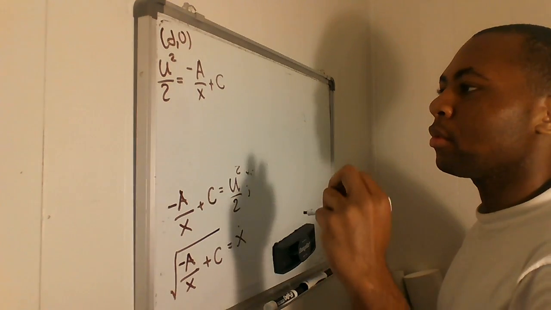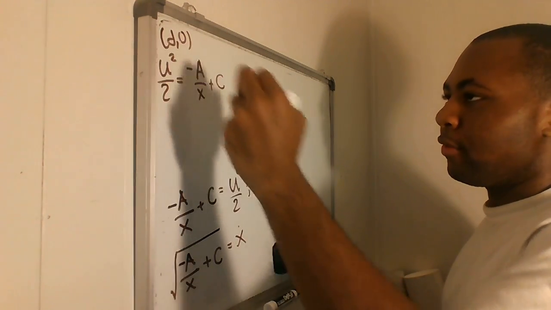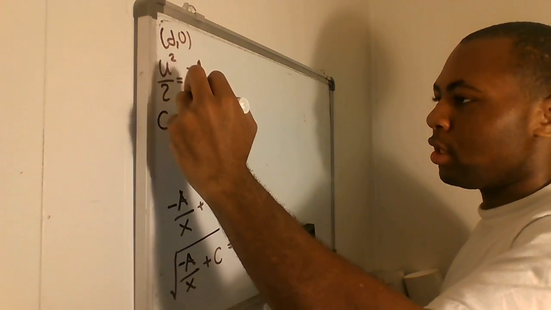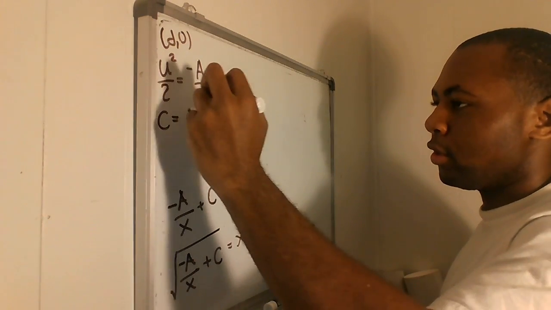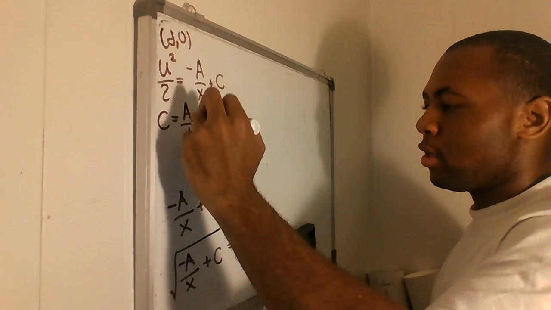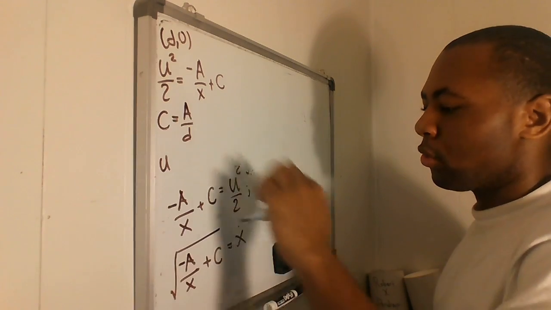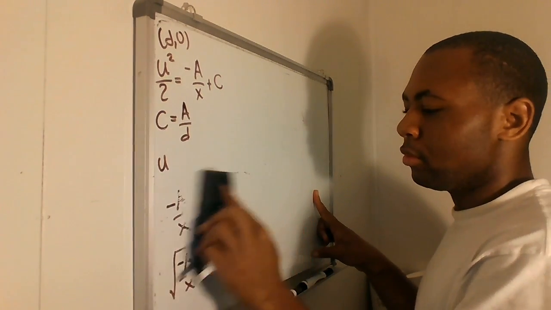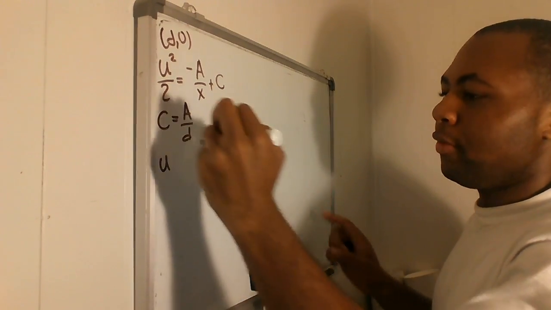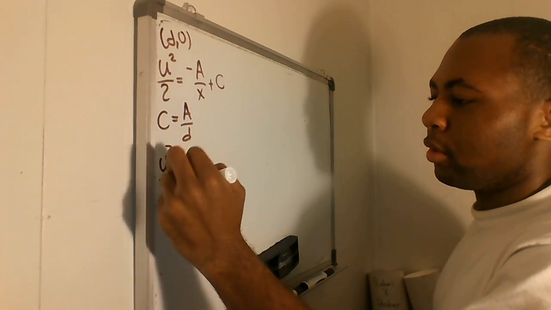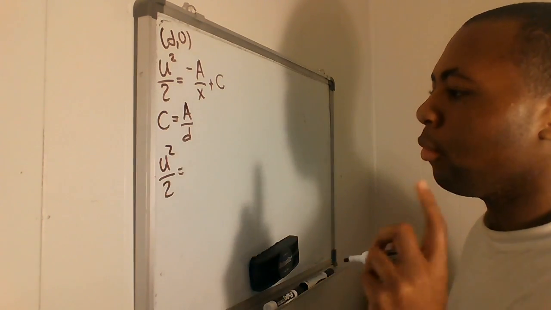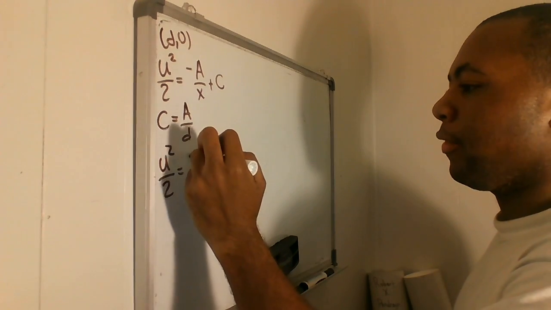Okay. We found that after applying this condition, c, our arbitrary constant, is now a over d. So u squared over 2 equals minus a over x plus a over d. If you notice, I erase a lot more when I haven't exactly planned out the problem.